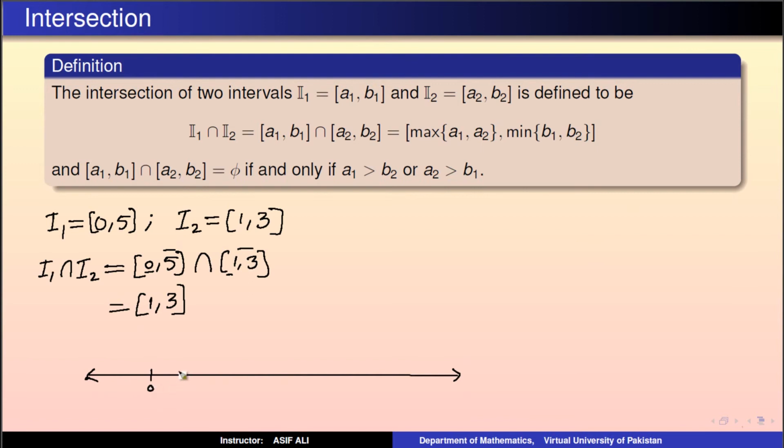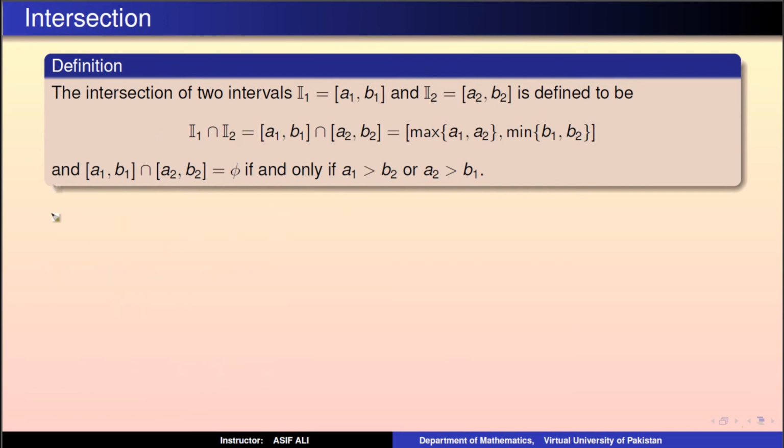This is 0, this is 1, this is 2, this is 3, this is 4 and this is 5. अब इसमें देखें हमारे पास (0, 5) एक इंटरवल है I1 और (1, 3) दूसरा इंटरवल है I2 और इन दोनों का इंटरसेक्शन क्या है? (1, 3).